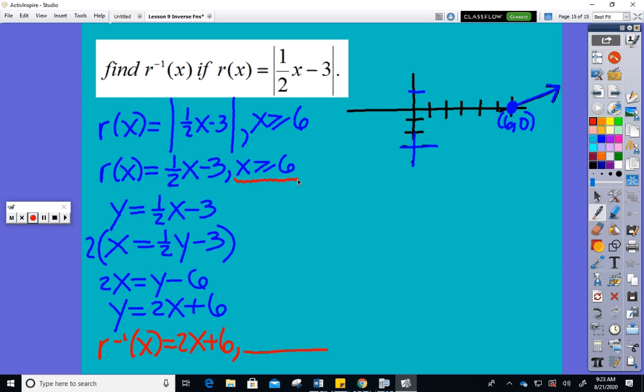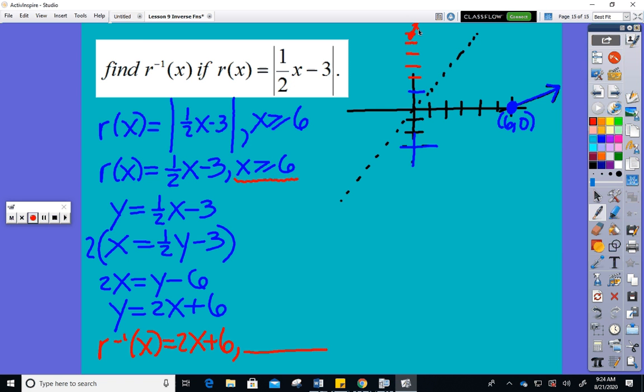All right, so let's see here. I've got my axis of symmetry, and what I need to do is just reflect the ray itself. The ray starts at 6, 0, so my inverse ray should start at 0, 6 and should kind of go up this direction.